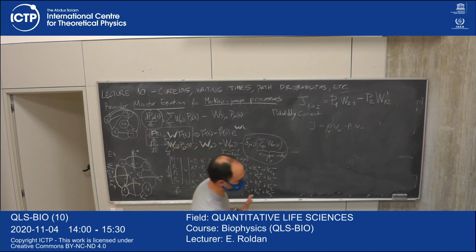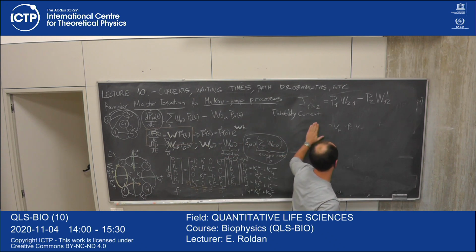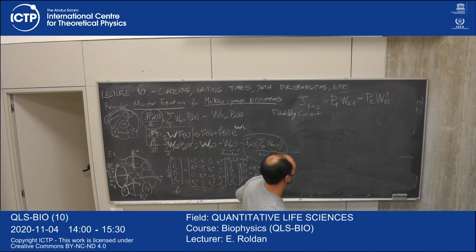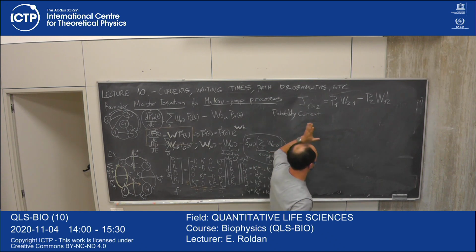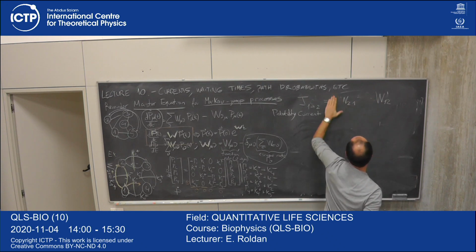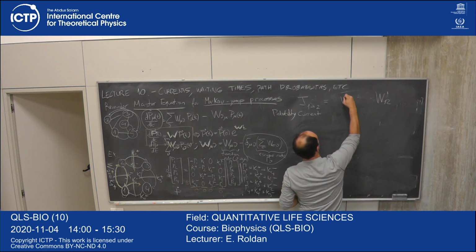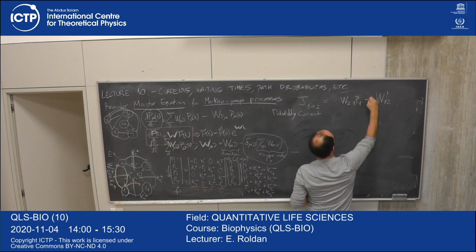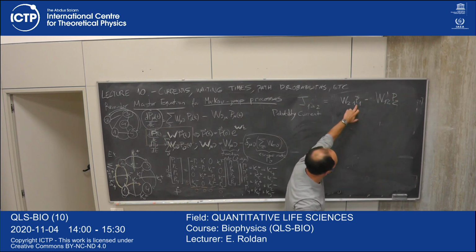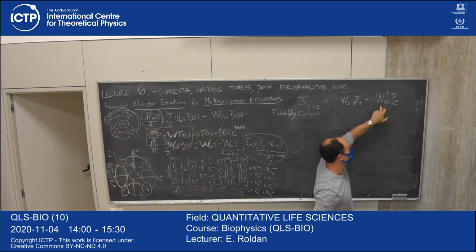This will be the probability current from 1 to 2. If you want to feel a bit better, because sometimes this happens, you can also write it like this. Maybe this is more organized. P1 W1 to 2 minus P2 W2 to 1.